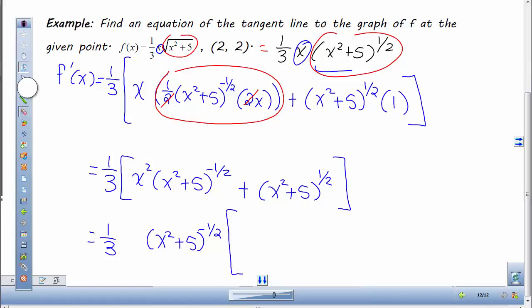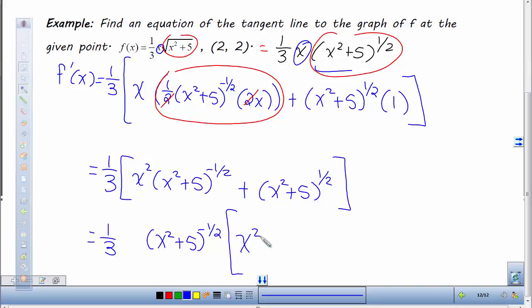All right, so now what's left? x squared times, very good. x squared, x squared plus 5 to the, this is a plus what? Plus, right? You factored out x squared plus 5 to the negative 1/2.